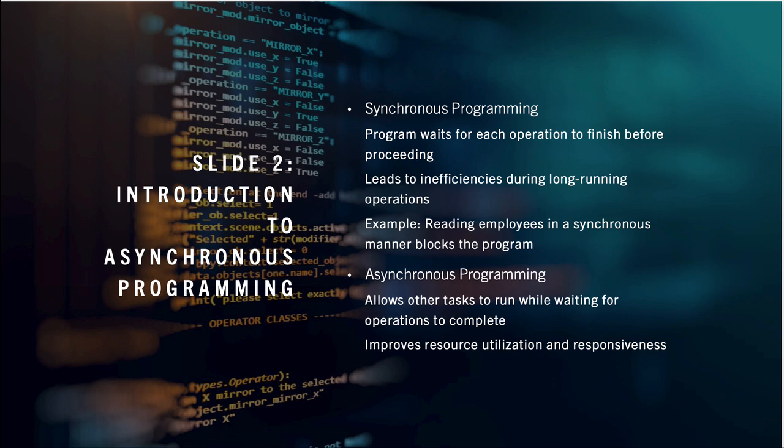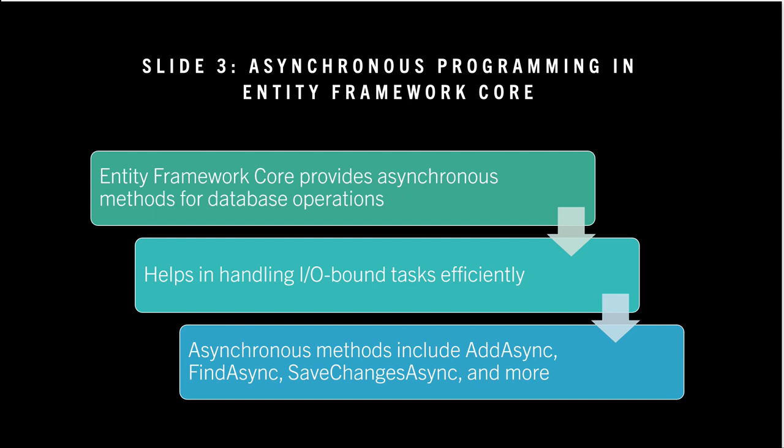So, this is explicitly used in database operations. Asynchronous programming in Entity Framework Core is something you have to know. EF Core supports asynchronous programming and provides asynchronous methods for most database operations.